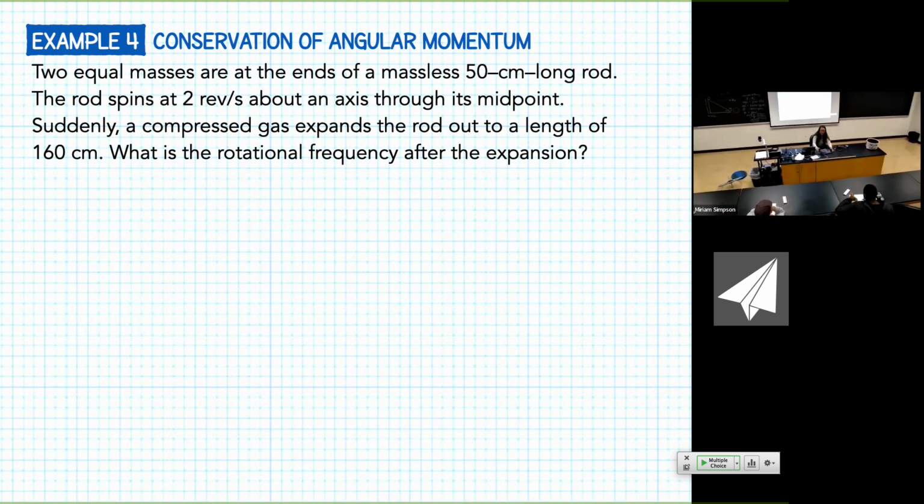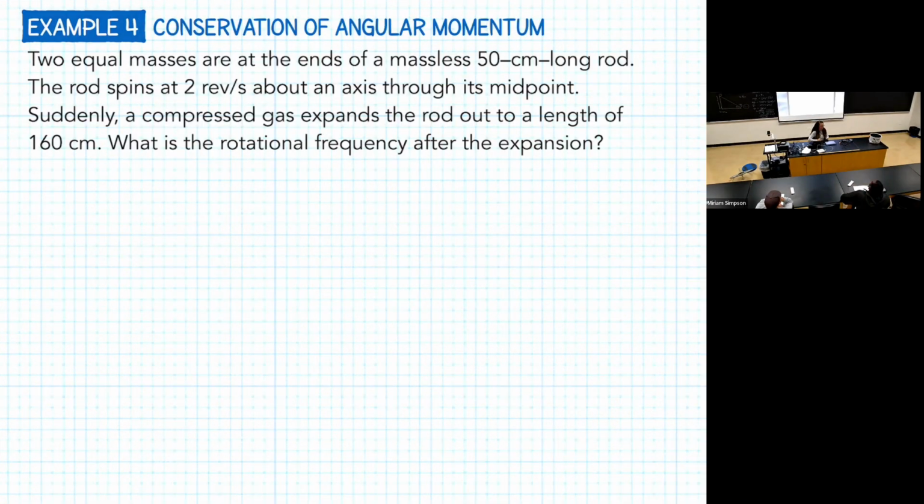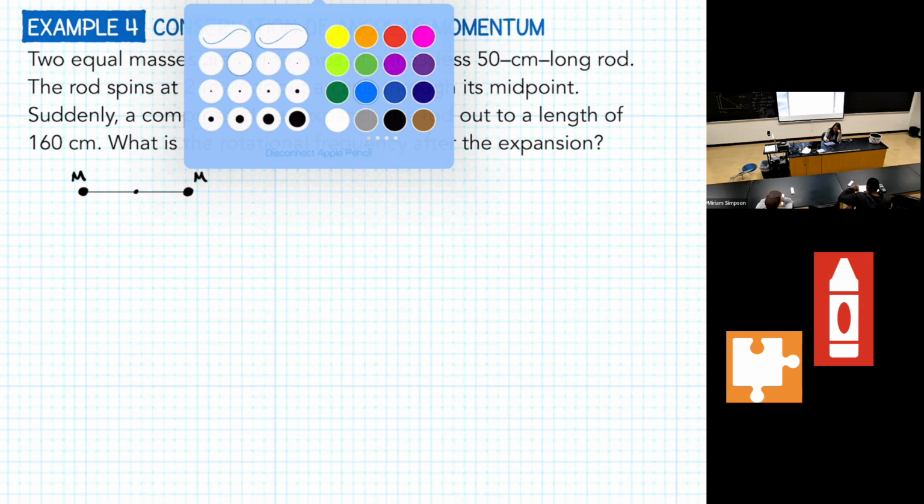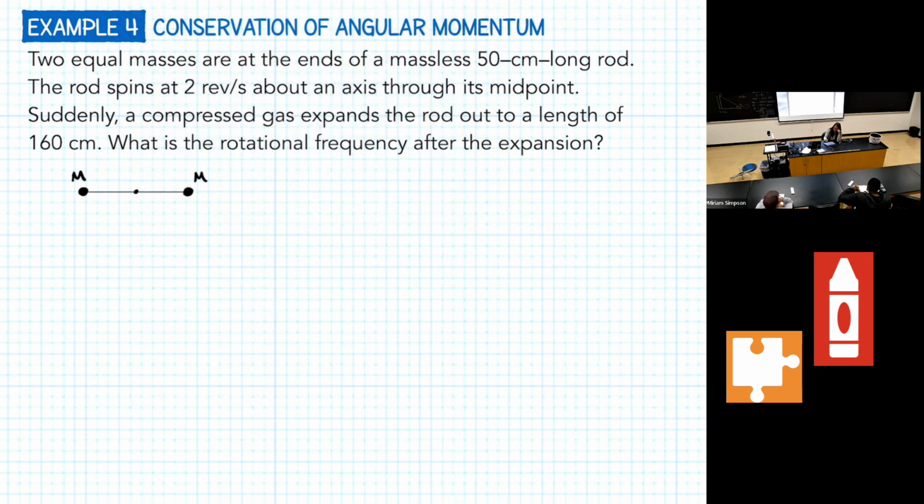We have 2 masses, and here's our initial configuration. We'll call these M. This is our center of rotation, and we have a radius of 0.25, so this is 50 centimeters.